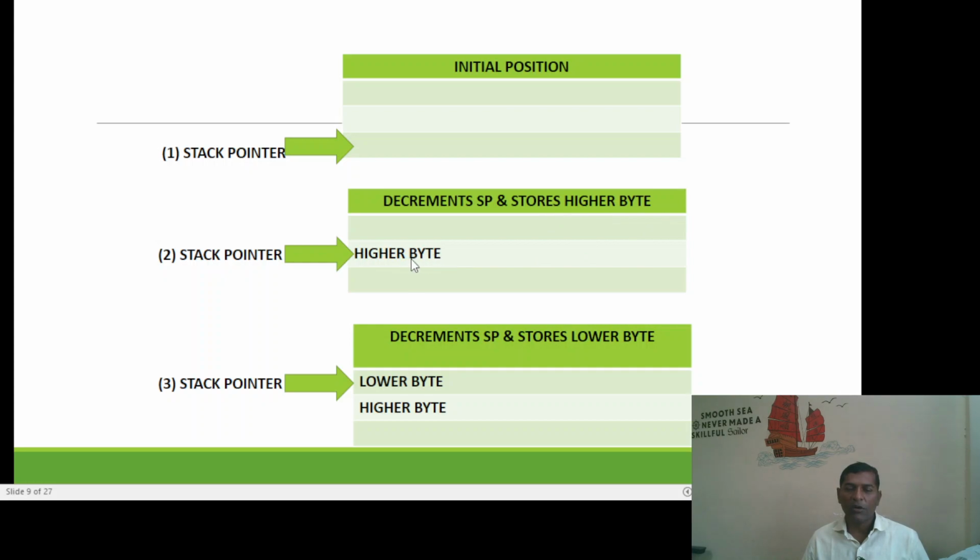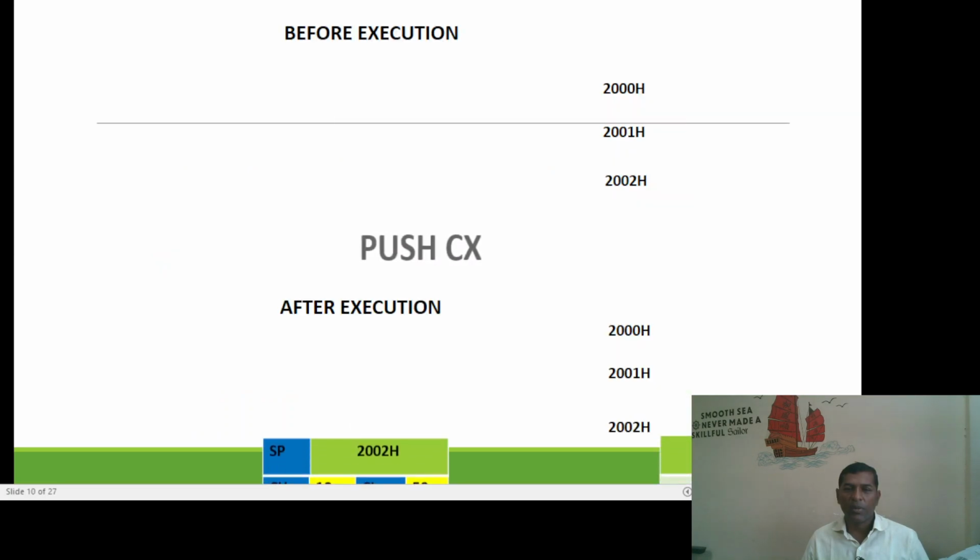The higher byte of AX will be pushed into the stack. Then it again decrements and stores the lower byte into the stack. This is how the stack operates. This is the stack pointer, then the higher byte and the lower byte.